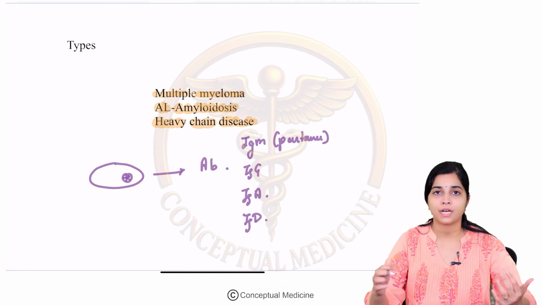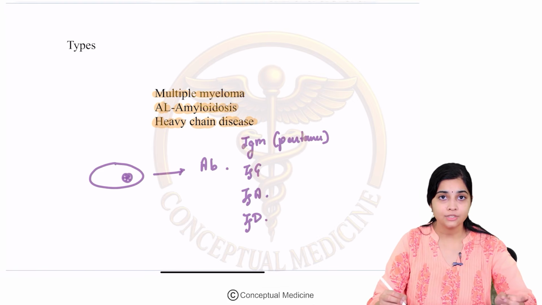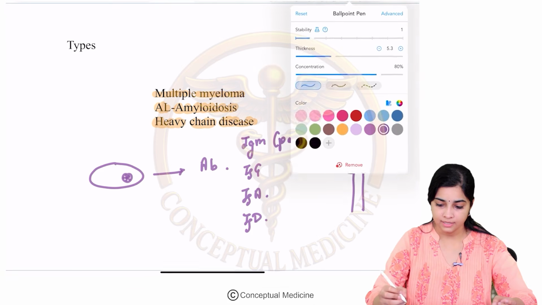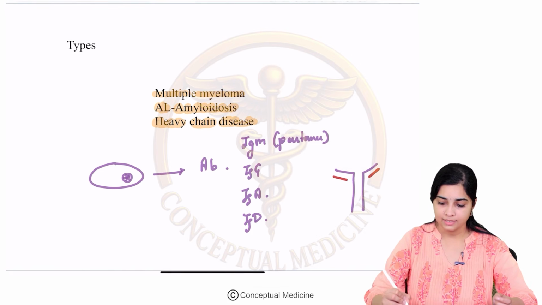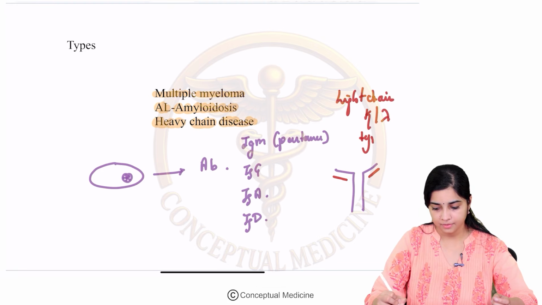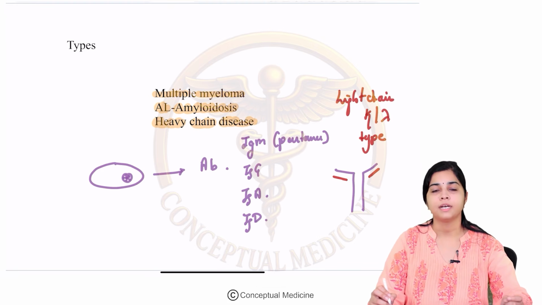Now if you recollect from your basic immunology classes, each antibody usually has 2 heavy chains and 2 light chains, and these light chains can be of the kappa or lambda type.